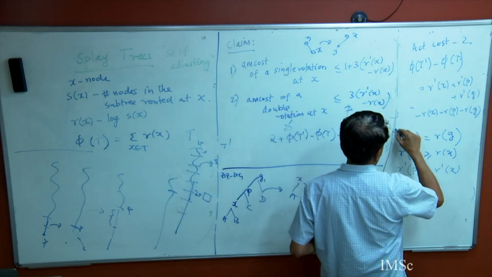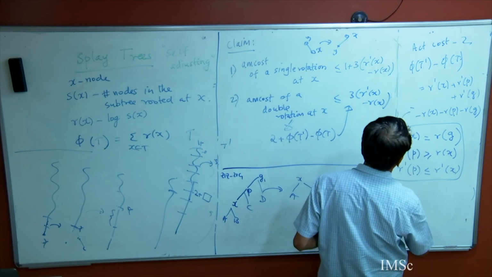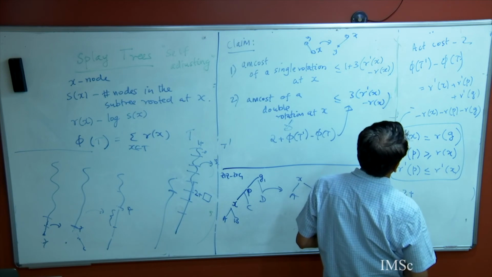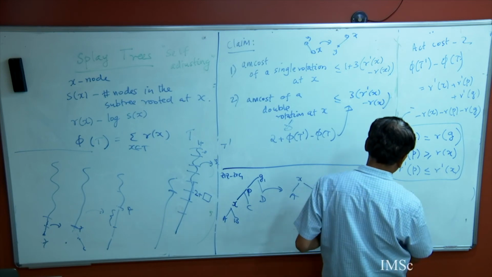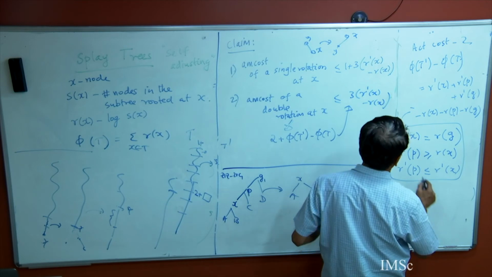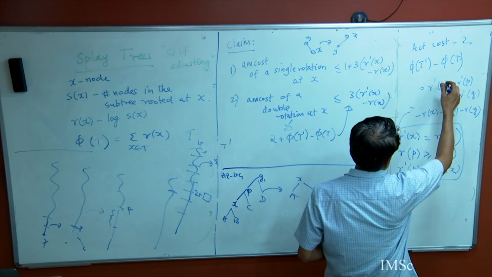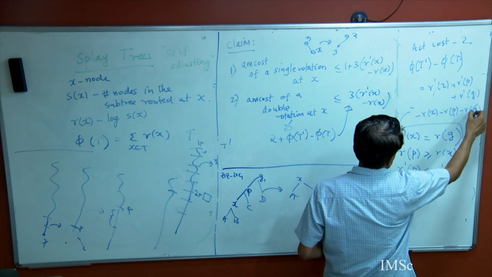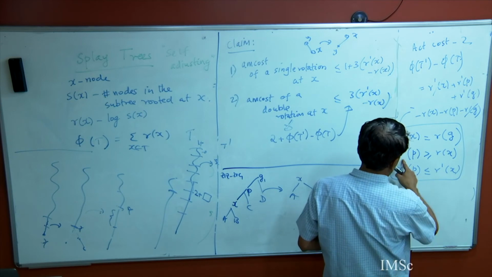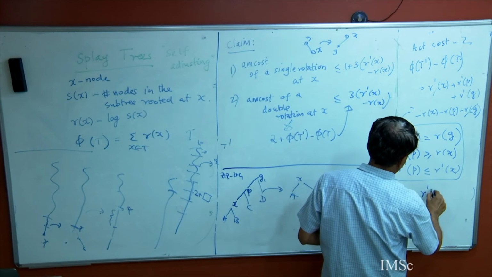So I can write this as less than or equal to 2 plus somehow, the amortized cost. Actual cost 2 plus the potential difference. So I think I will cancel out r prime x and r of g, and r prime p I'm going to replace by r prime x.